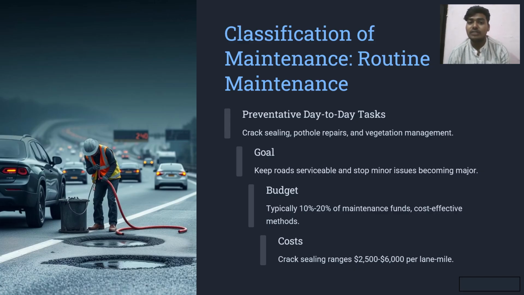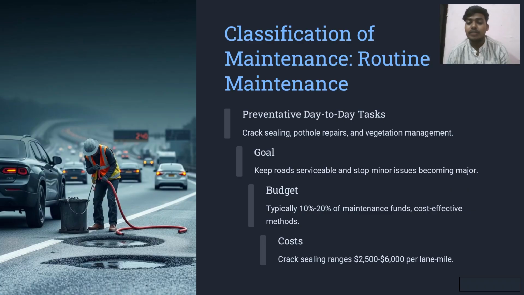Are there cracks? If there are cracks, there should be a complaint so that they can be immediately repaired. Goals: keep roads serviceable and stop minor issues from becoming major.